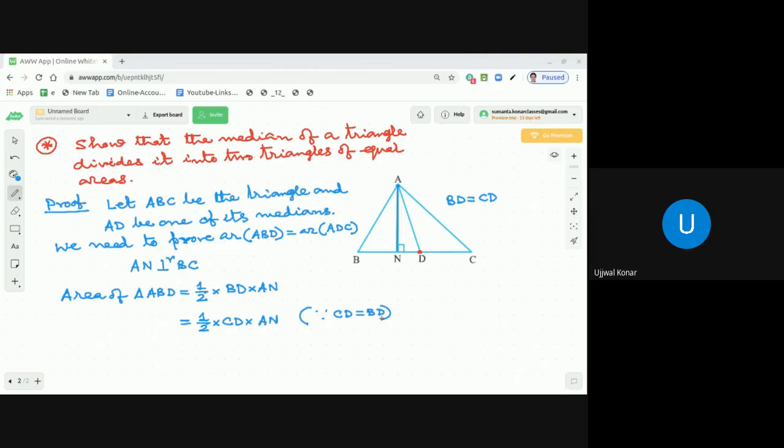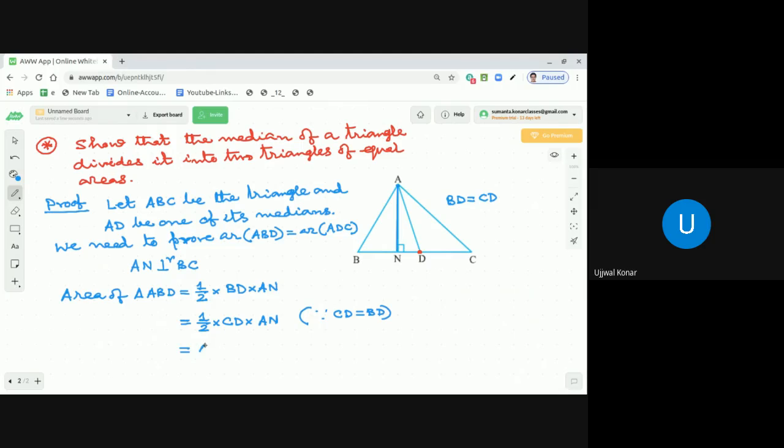Half into CD into AN is nothing but half into base into altitude for the triangle ACD.